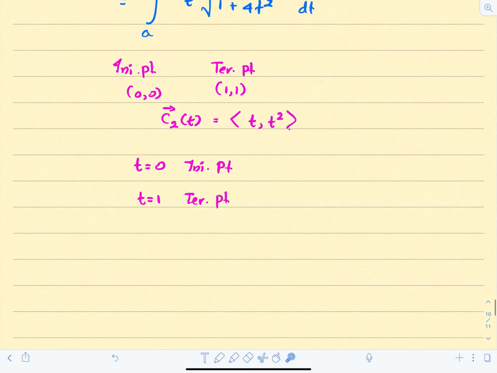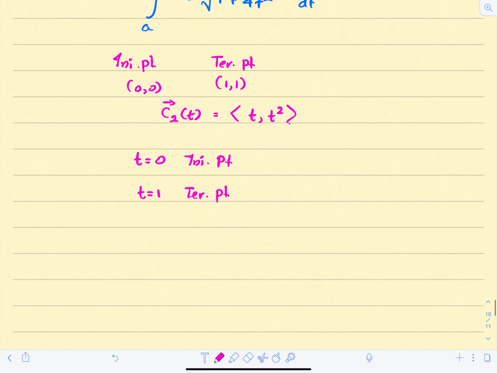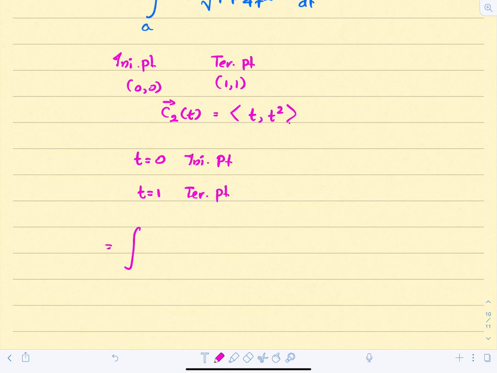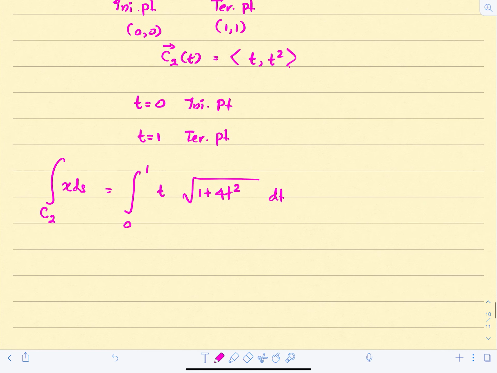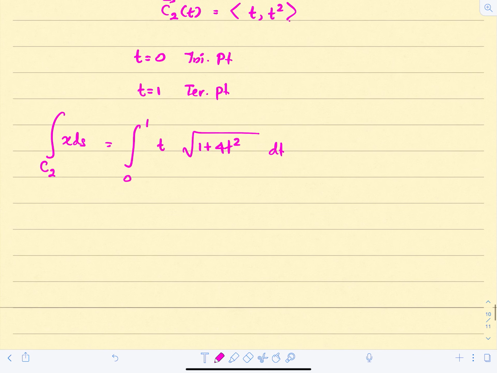So now we can update the limits. It should be 0 to 1 of t times the square root of 1 plus 4t squared dt. Now this is the integral that corresponds to the second line integral.